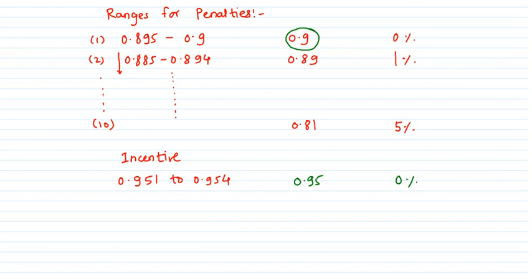Above this you have to get the power factor, so 0.955 to 0.964. Like this there are 6 slots. Your last slot will be 0.995 to 1. As discussed earlier, your incentive will be 3.5%, which was earlier 7%.